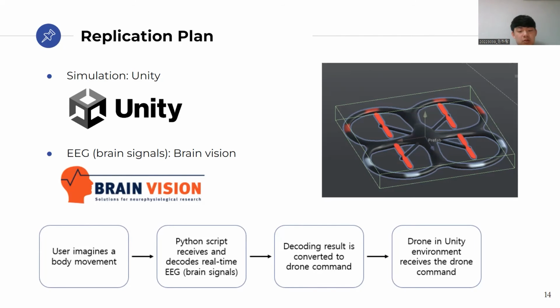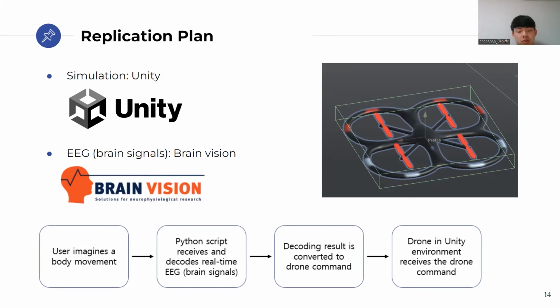At the bottom is the flow of how it's going to work overall. The user will be imagining a body movement. EEG, or the brain signals of the user, will be recorded in real time by the BrainVision device. Receiving the EEG data and the decoding process based on it will be done within a Python script.